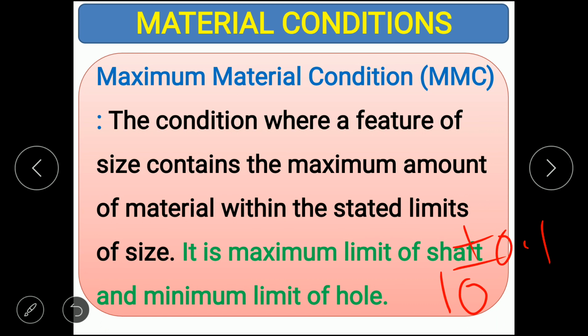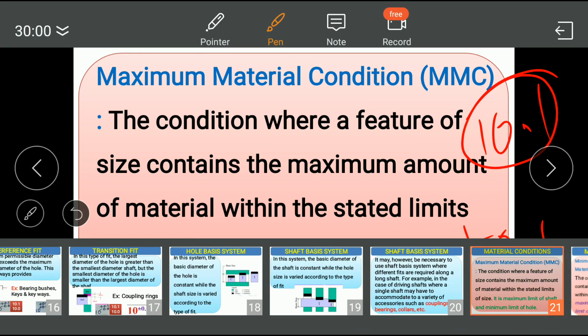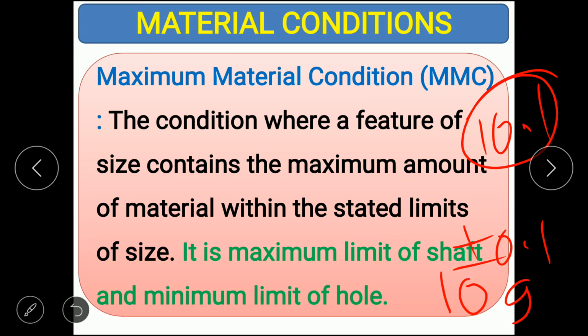If the shaft dimension is 10.1, then the material required is more, because as the shaft dimension increases, the material requirement increases. So the maximum dimension is 10.1 and the minimum dimension is 9.9. So 10.1 is the maximum material condition and 9.9 is the minimum material condition for the shaft.